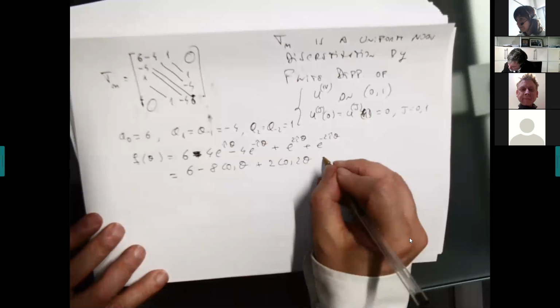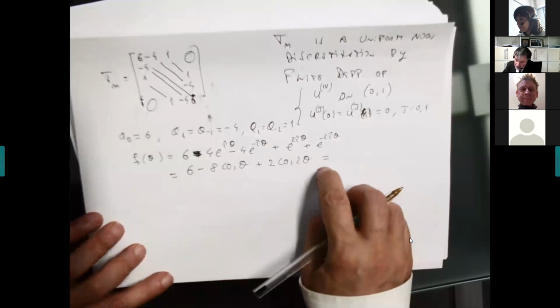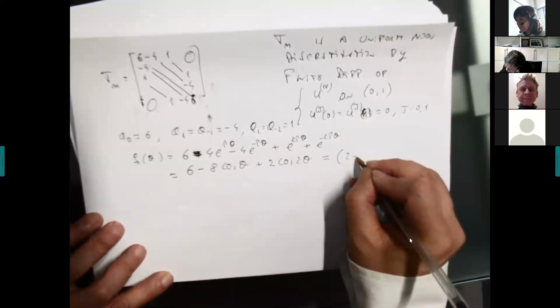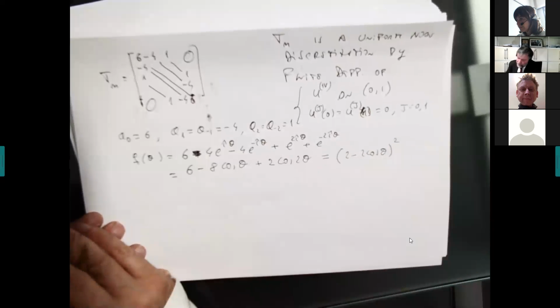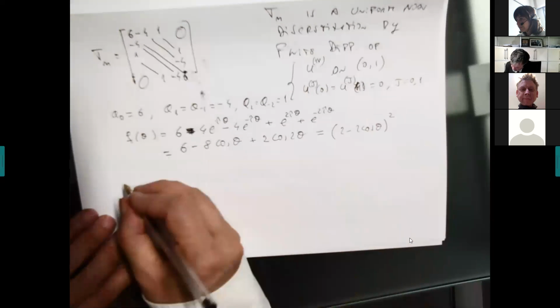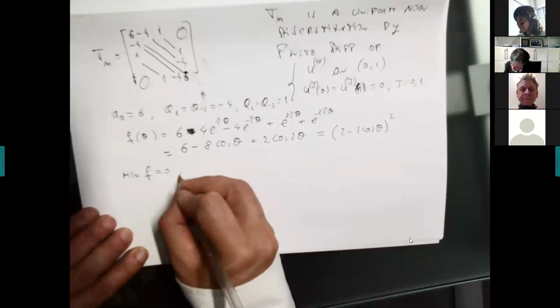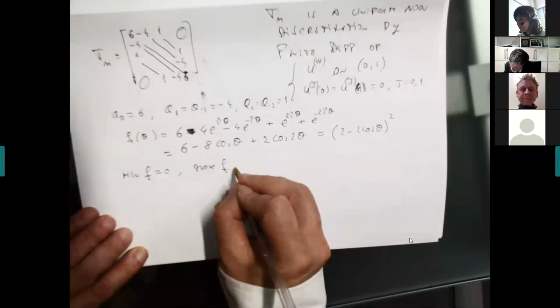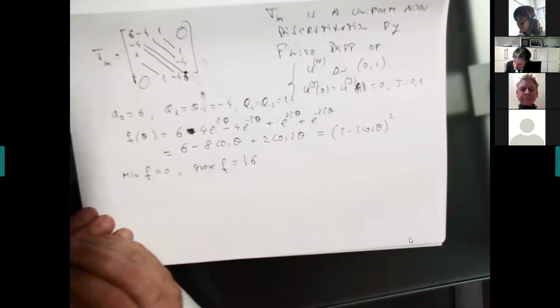And more trigonometry, I skip this because it's just algebra. This is (2 minus 2 cosine of theta) to the power 2. Are we happy or not? Sure. The minimum of f is equal to 0. The maximum of f is equal to 4 to the power 2, 16.